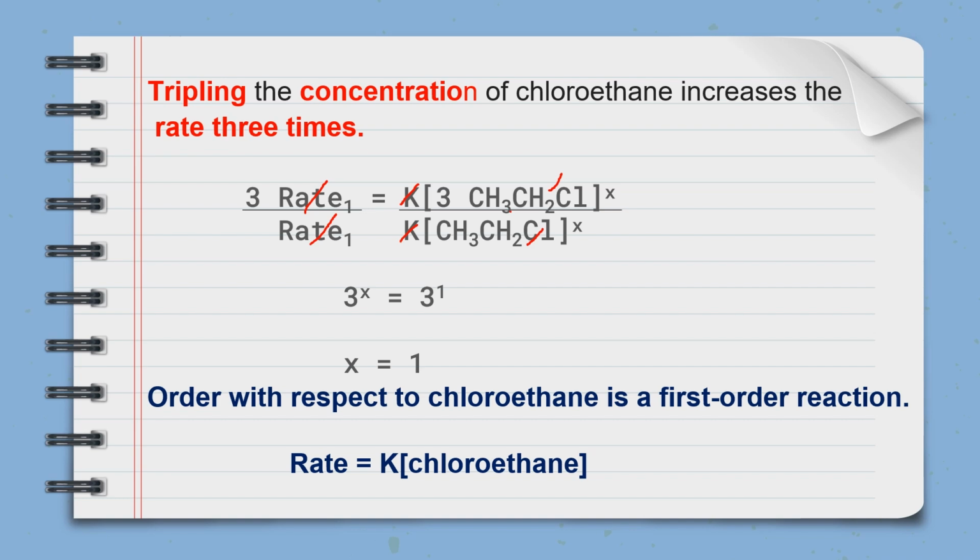If you are able to determine the order of the reaction, we give you 1 mark, and the rate law is another 1 mark. So the total mark for question number 1A1 is 2 marks. Okay, let's go for the next question.